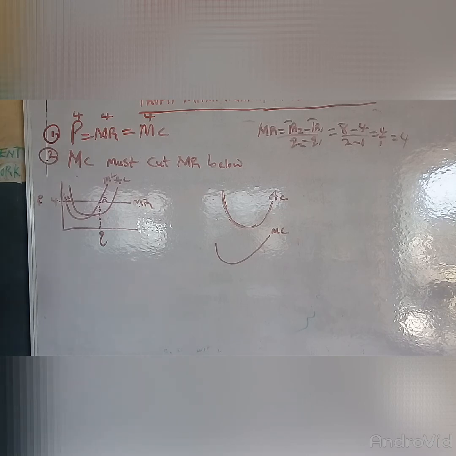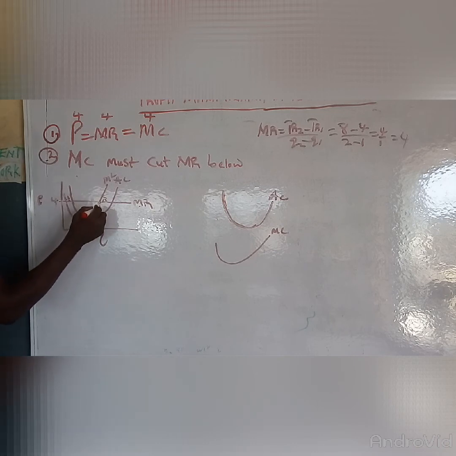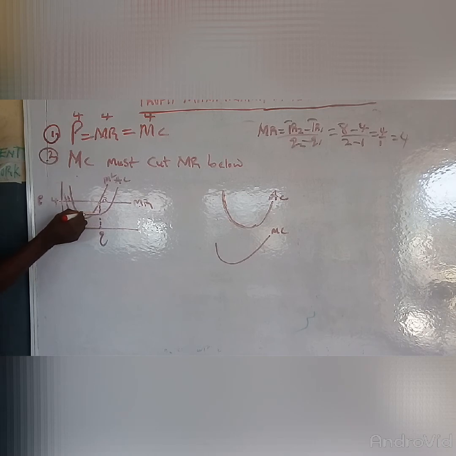Now, how do we get it? Let me show you this. When you trace it downward, you trace it until it cuts AC. When it cuts AC, then trace it backwardly to form a rectangular shape.